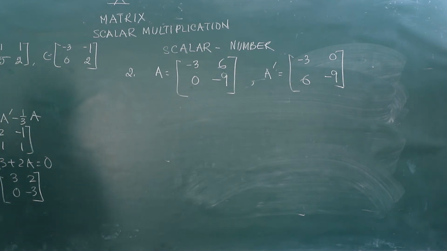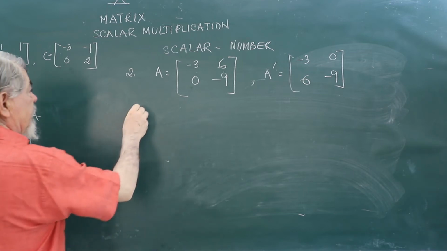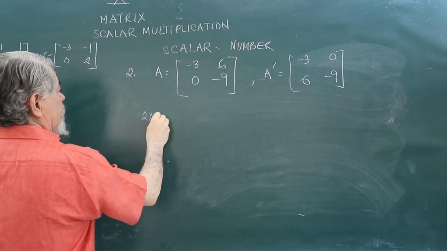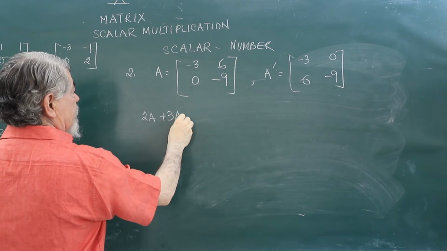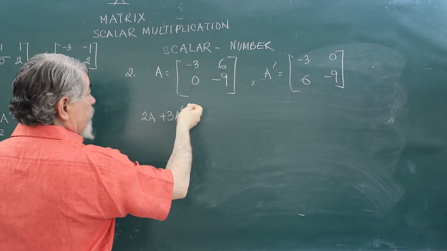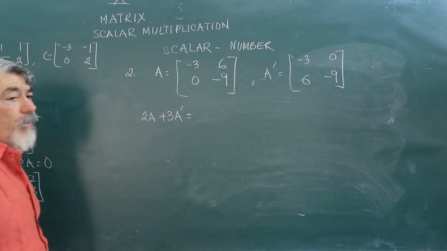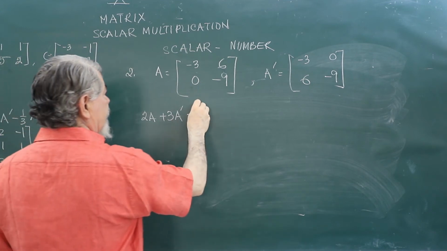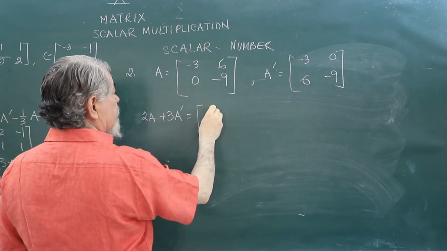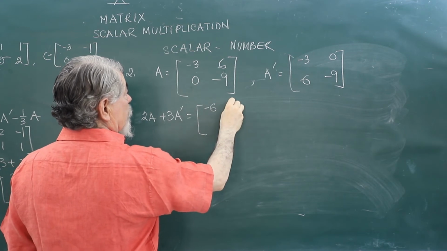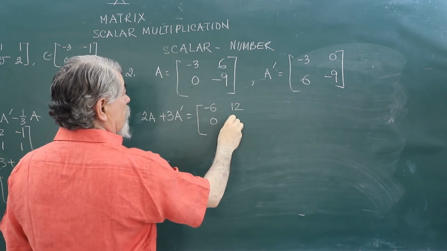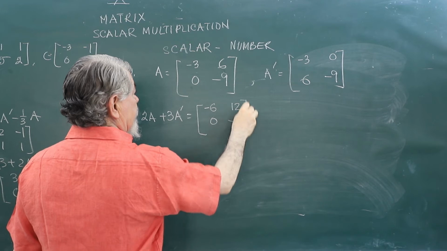Now we want to find 2A plus 3A dash. So we will multiply each element of A with 2. What will we get? 2 into minus 3 is minus 6. 2 6s are 12. 2 0s are 0 and 2 9s are 18.